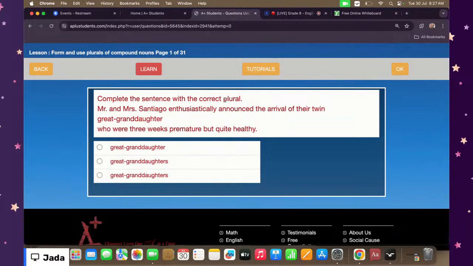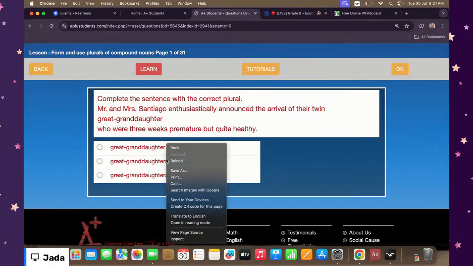Mr. and Mrs. Santiago enthusiastically announced the arrival of their twin great granddaughters, who were 3 weeks premature but quite healthy. So is it great granddaughter or great granddaughters? Plural, great granddaughters.